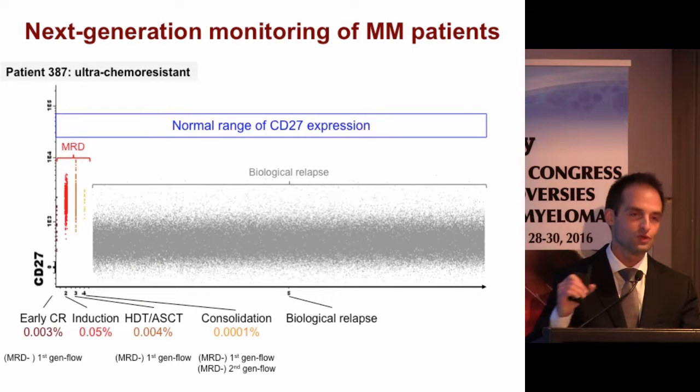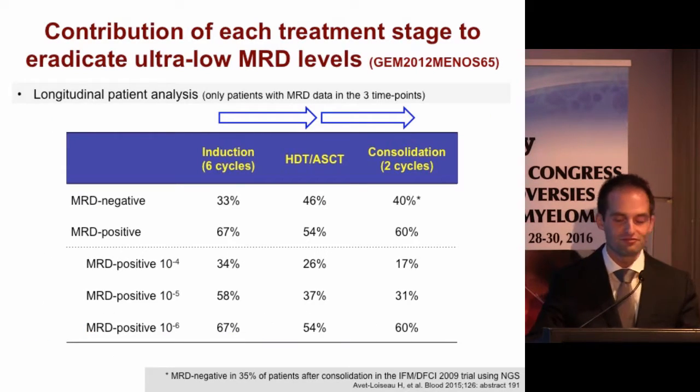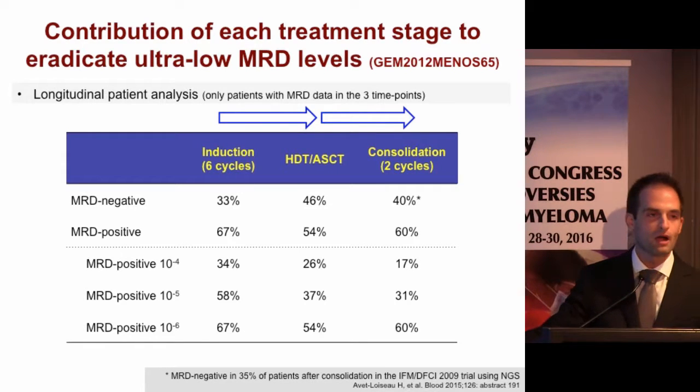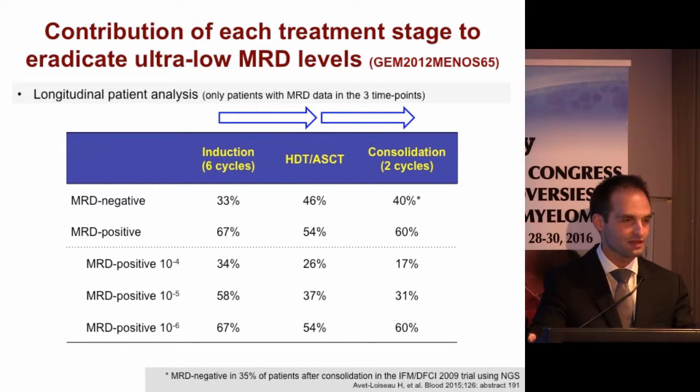Then I would say that we have entered in a new era of next-generation monitoring in myeloma. Now we can finally detect those few cells that precede biological and clinical relapses among patients in complete response.